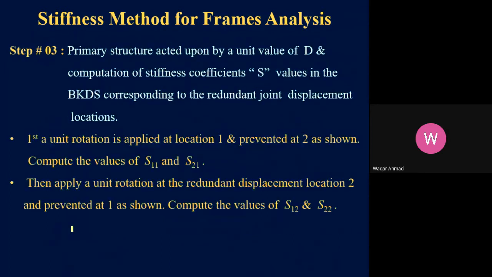Okay. Now in the next step, step number 3, I am going to find out the values of the stiffness coefficients. So we already discussed that I have to apply a unit rotation.